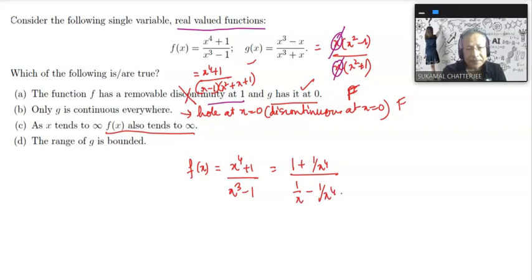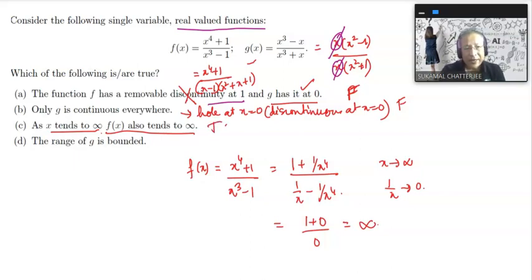So when x tends to infinity, 1 by x will tend to 0. That means this will become 1 plus 0 by 0, which is infinity. So therefore statement C is true.